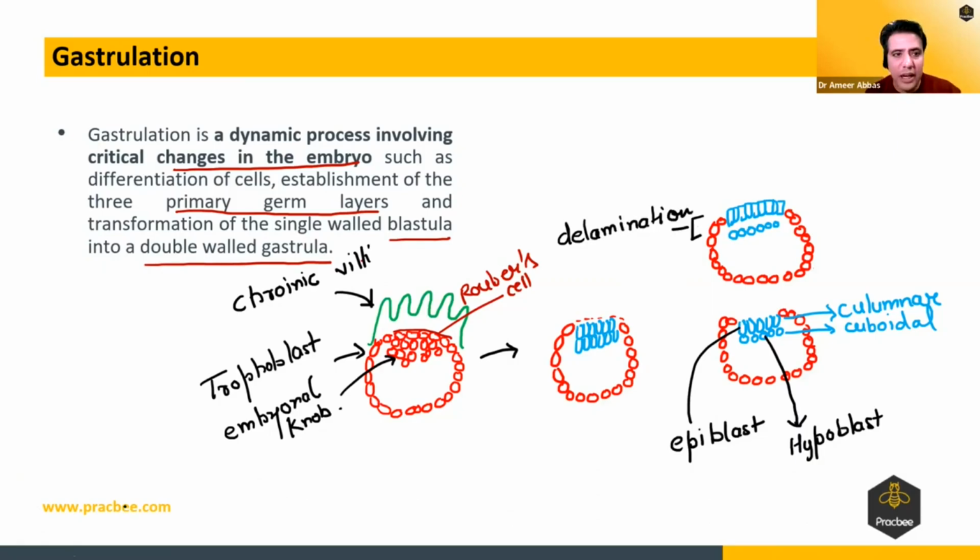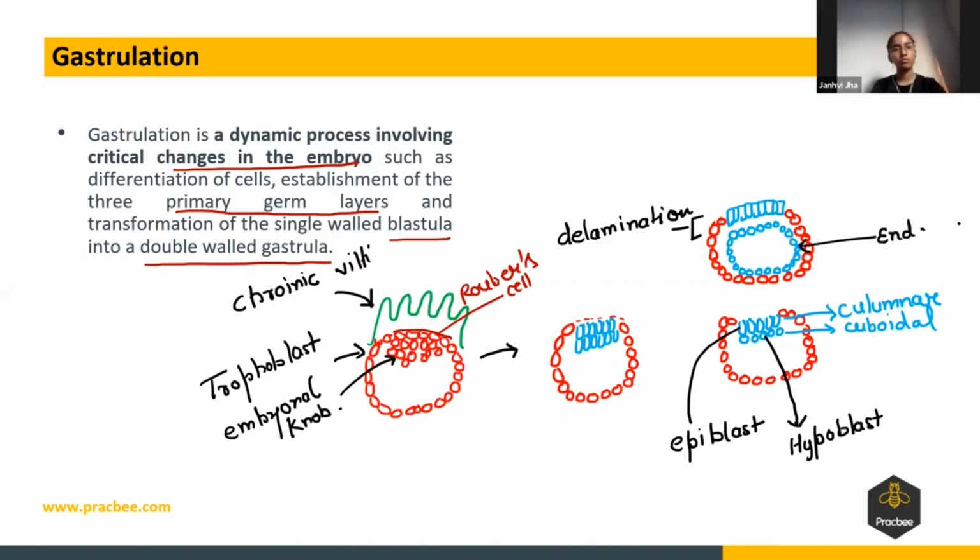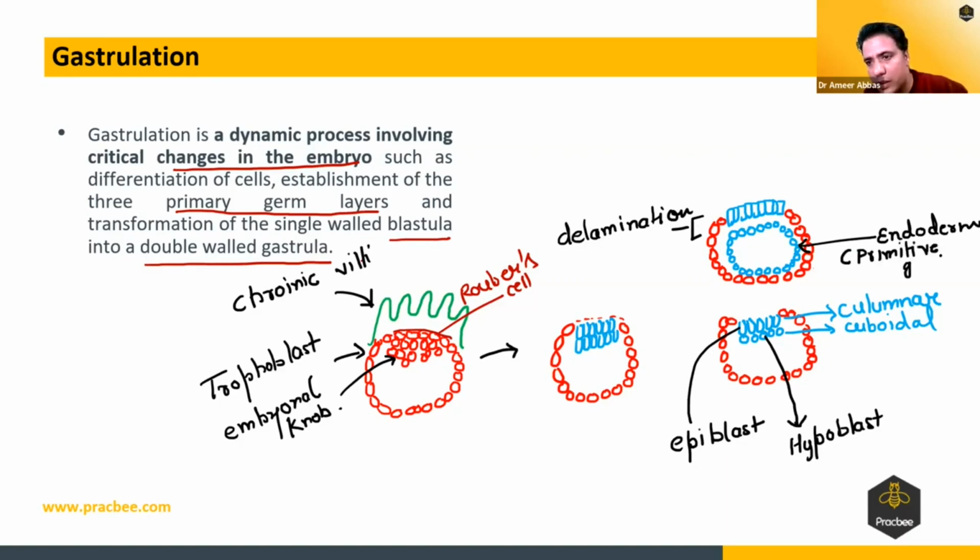These cells which have detached or delaminated from the embryonal knob continue to multiply, and this multiplication results in the formation of the first layer known as endoderm, and this endoderm will give rise to the primitive gut. So we have understood the formation of endoderm.